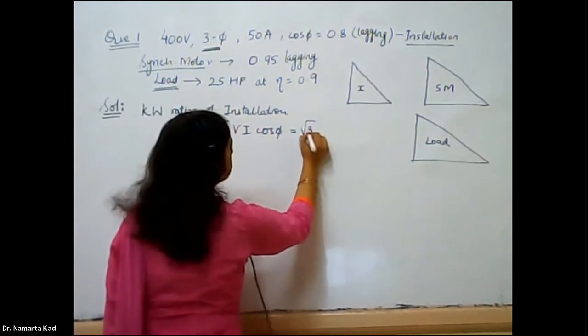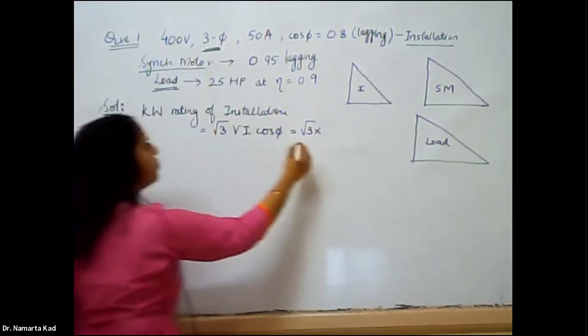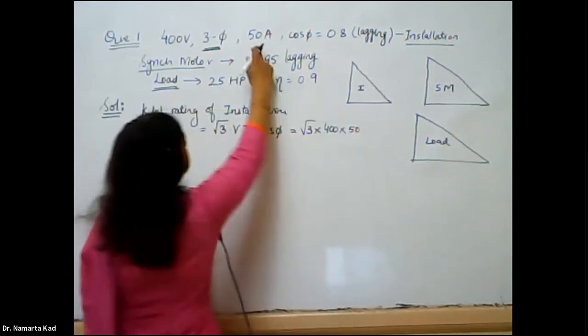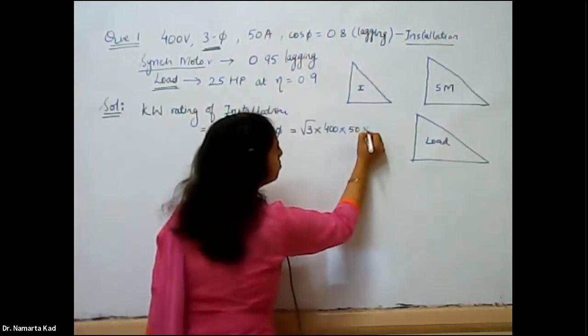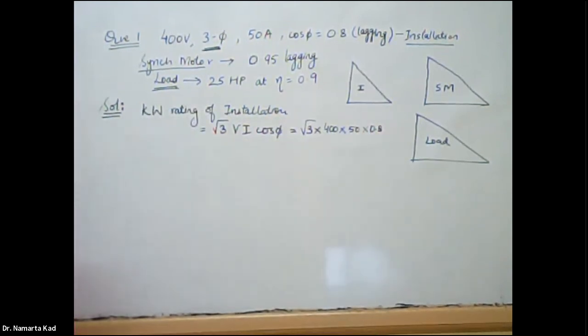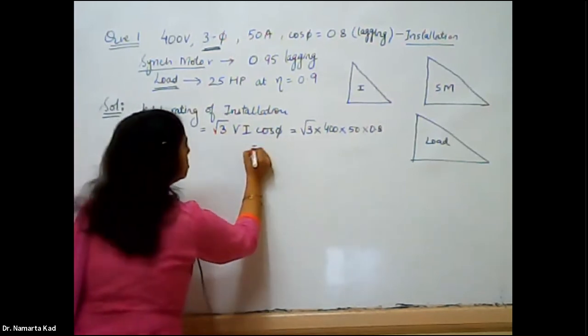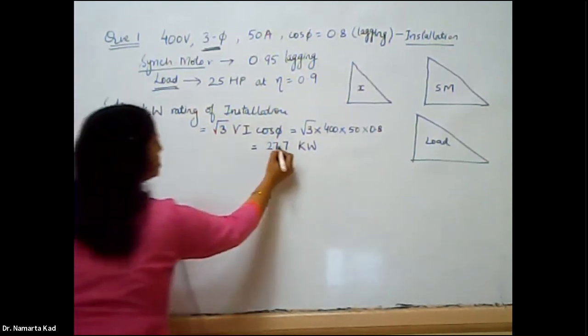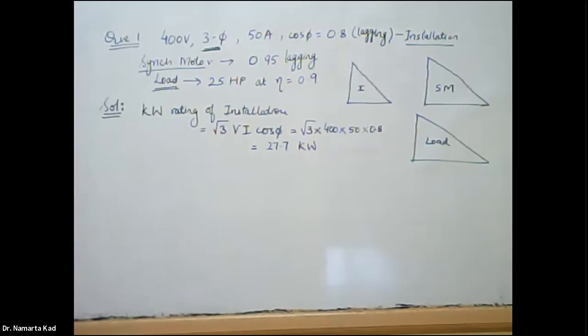Root 3 multiplied by V, which is 400, multiplied by 50 as given, and cos phi initially is 0.8. Just do the calculation. The answer comes out to be 27.7 kilowatt. So this is the kilowatt rating for the installation.